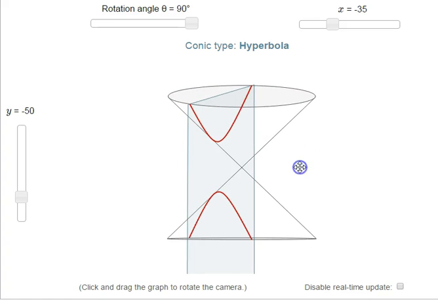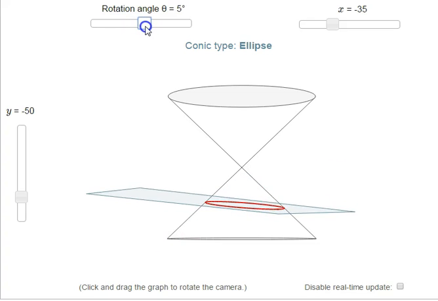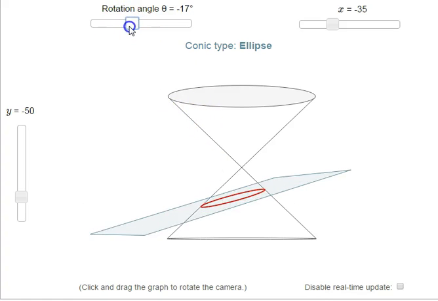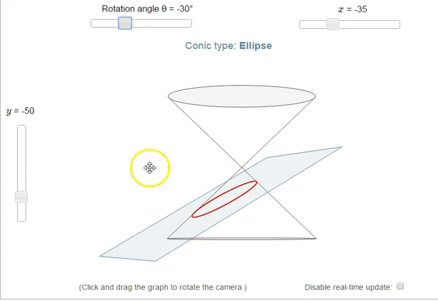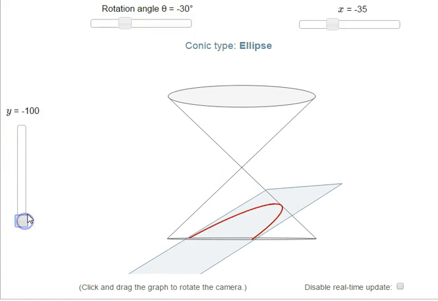So circles, ellipses, hyperbolas, and then the last one, I'm going to rotate back, would be a parabola. So I have to rotate a little bit, and I'm going to slide it down here. And when it comes off of the cone, you can see just the red being a parabola shape.